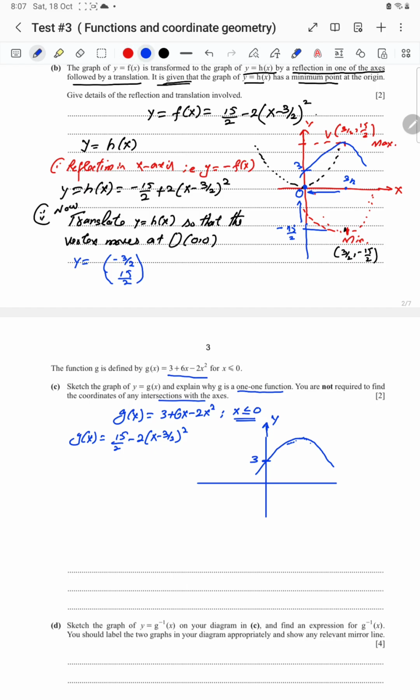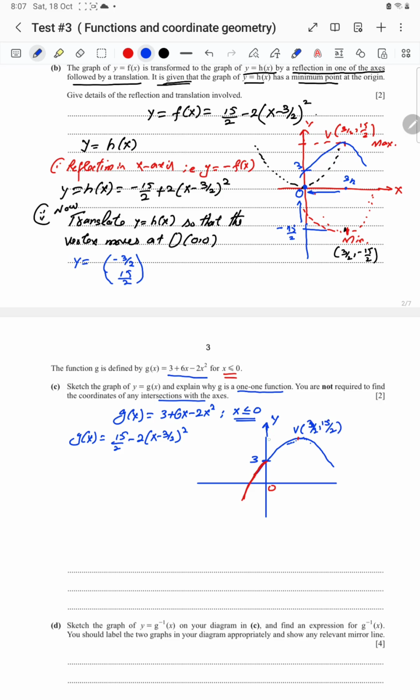So here I do just a rough sketch. The condition that is very important is that x must be less than or equal to 0. So it means this line is much more important for us. The red line is important because we are not interested in the blue one that has the vertex 3 by 2 and 15 by 2.